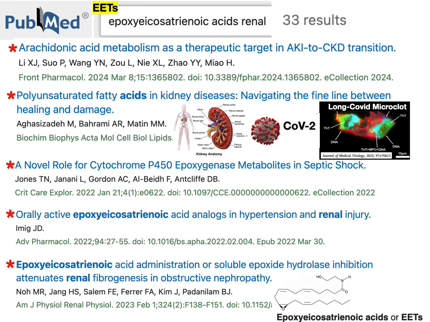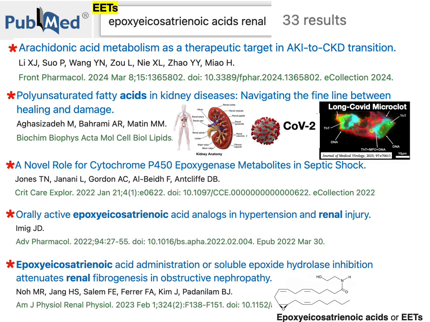I would now like to change the narrative to link the benefits of stimulating vitamin D receptors to upregulate the production of EETs, epoxy-icosatrienoic acids, these anti-inflammatory lipids, as a means of suppressing tissue inflammation, chronic inflammation that's being produced in IACC conditions, particularly long COVID. So this is looking at the information landscape on PubMed.